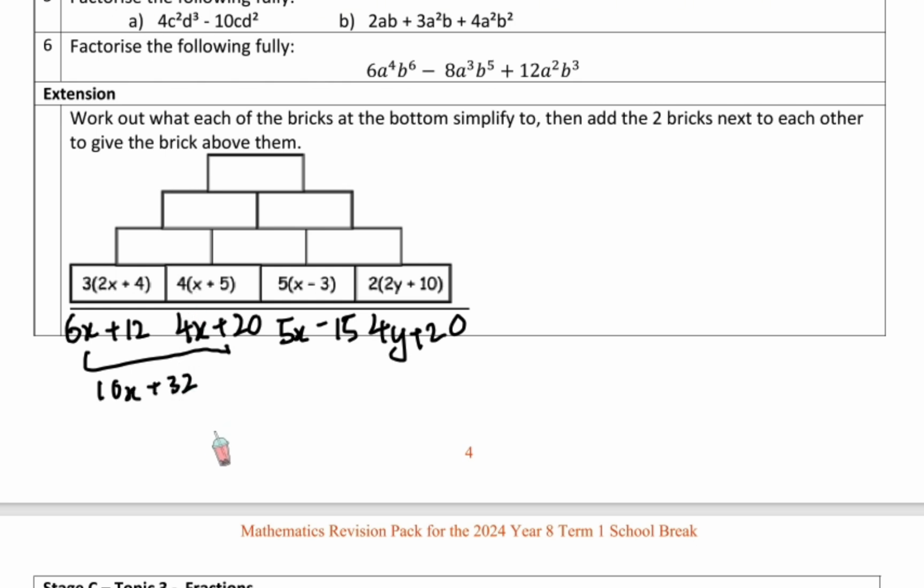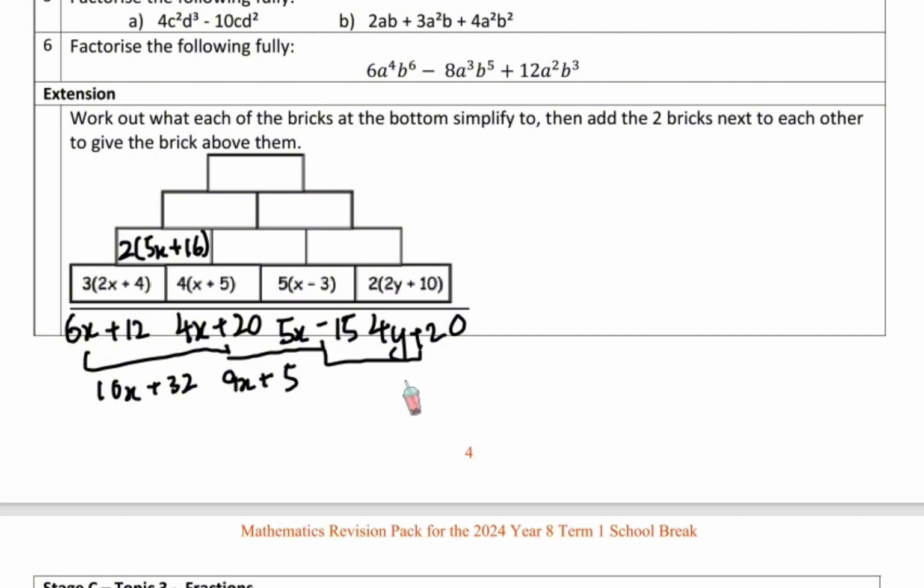And now we can factorize them by using 2. So this would be 2 bracket 5x plus 16. And we can do the same thing for this. So we will need to add this together first. So this would be 9x plus 5.